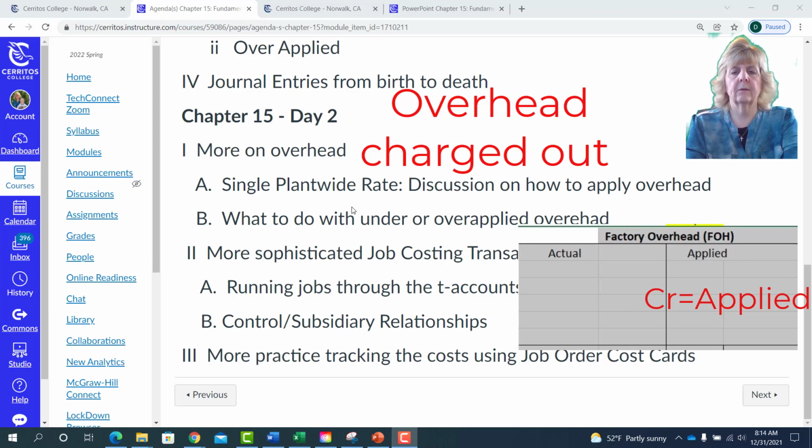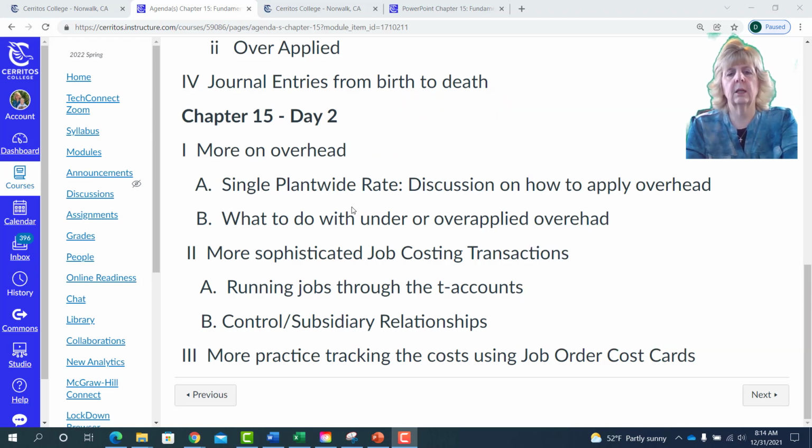We'll work out a few exercises related to overhead, and then we'll take a look at some more sophisticated job costing transactions, where once again we'll use a T account process and track the costs from birth till death.